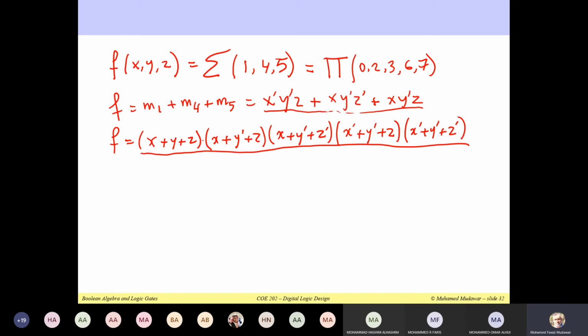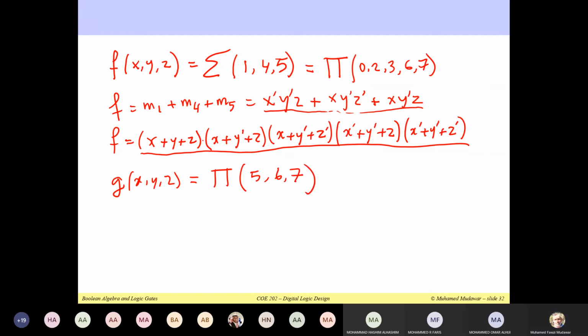Right, let me define g. G is also a function of 3 variables x, y, z. And I'm going to describe it here as a product of the following maxterms: let us say 5, 6, 7.